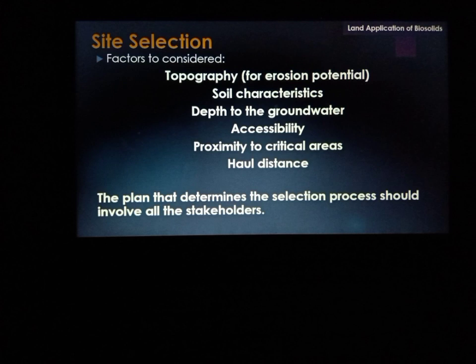The factors to be considered are the topography for erosion potential, the soil characteristics, depth to the groundwater, accessibility, proximity to critical areas such as the domestic water supply, property boundaries, public access, and haul distance. When planning kung saan dapat yung site, in the selection process, all the stakeholders must be involved.